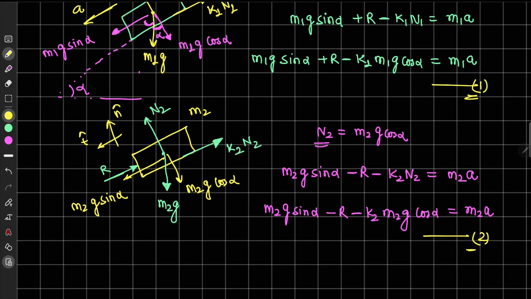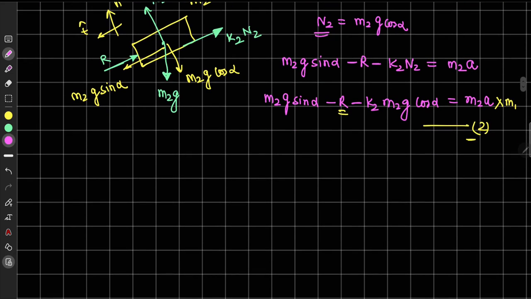Now in the first part of the problem, it is asking to find the interaction force, that is the reaction force between these two bars. For that we have to eliminate a here. So let us multiply the first equation with m2 and the second equation with m1.